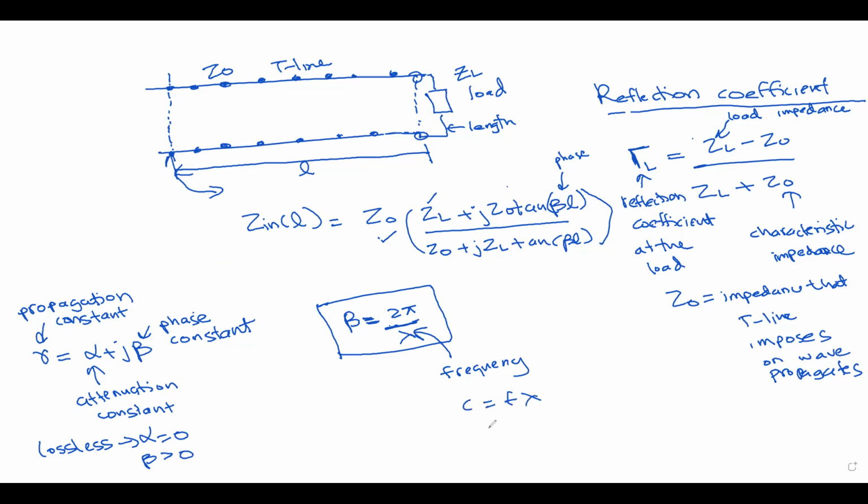Using this expression, you can find what lambda is, C over F. You know the frequency of the wave that is transmitted, then you can find the value of lambda using those relationships, and using that you can find the value of beta. So since you know all the values in this expression, you can find the value of the input impedance at any point in the line. Okay, so the L value is measured from the load towards the source.